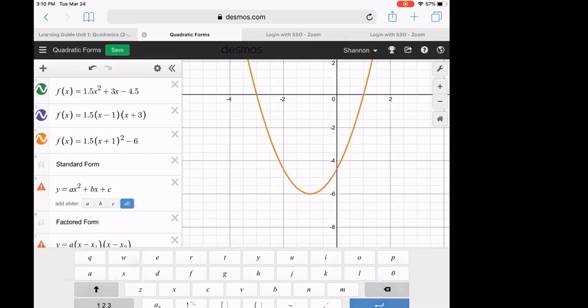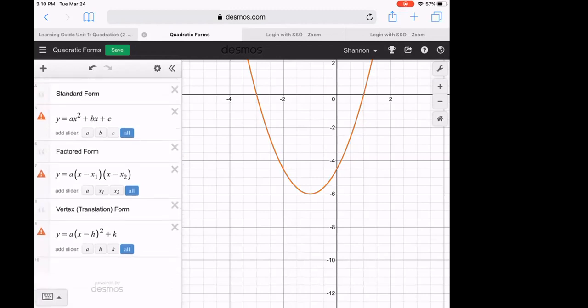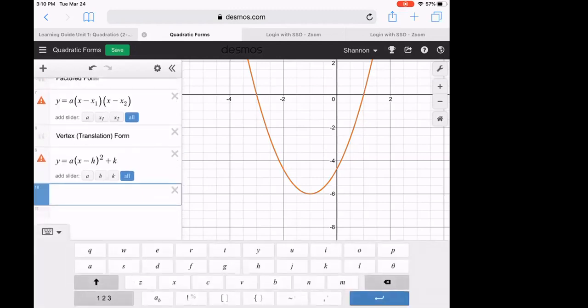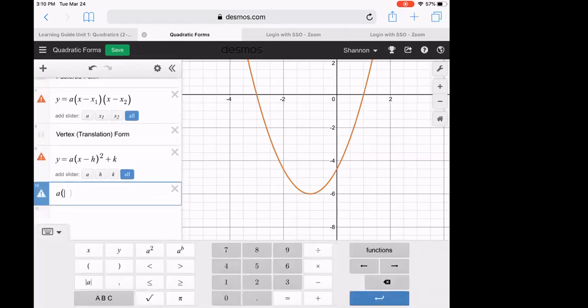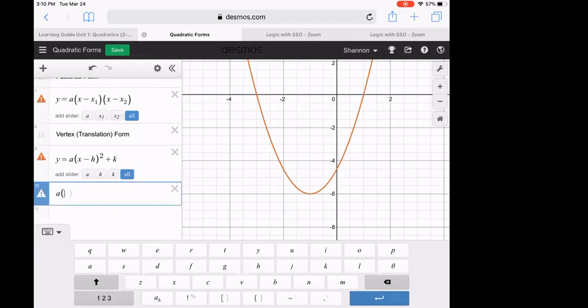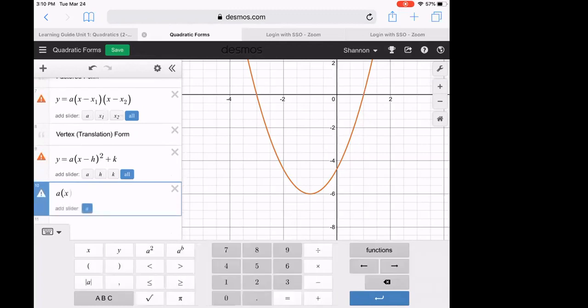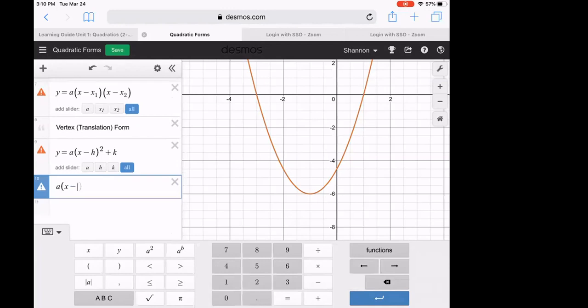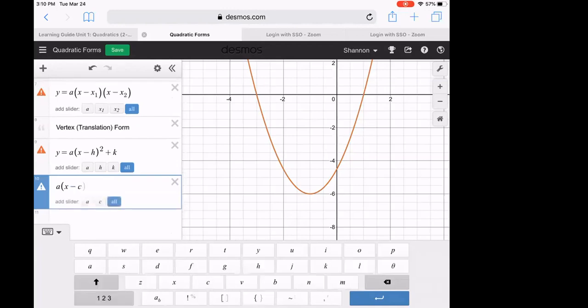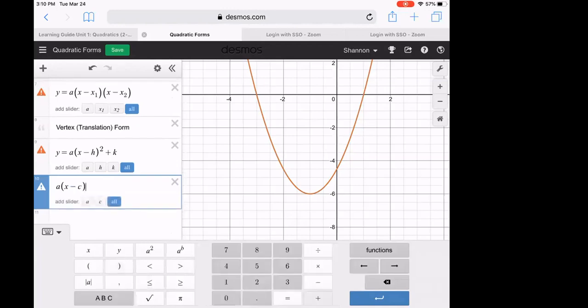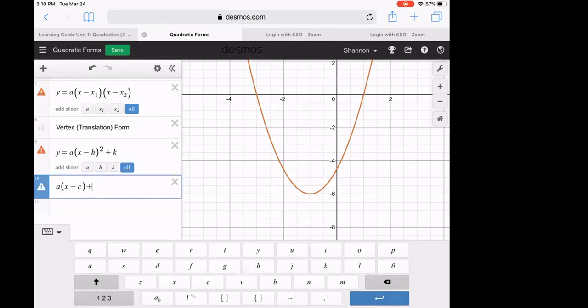So translation form is pretty much identical to what we just covered in our last unit, and that is translations. In translations, we used the letters C and D. Do you guys remember that? I hope.